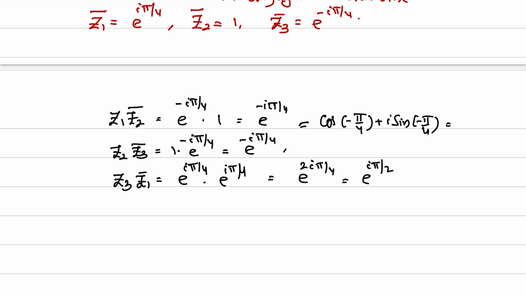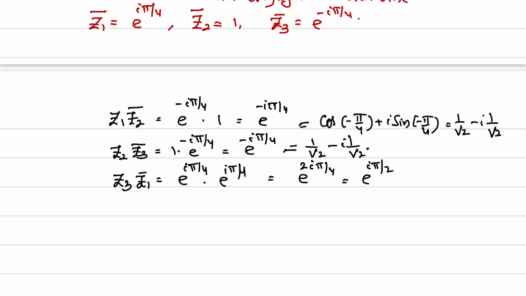That means cos pi by 4 is 1 by root 2, minus i into 1 by root 2, since sin pi by 4 is 1 by root 2. Now, this value e to the power of minus i pi by 4 is also the same: 1 by root 2 minus i into 1 by root 2.